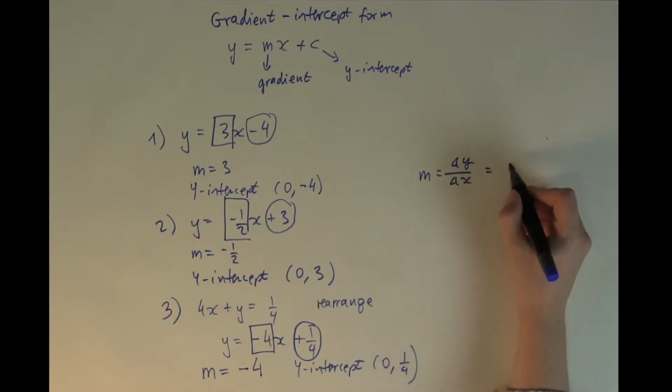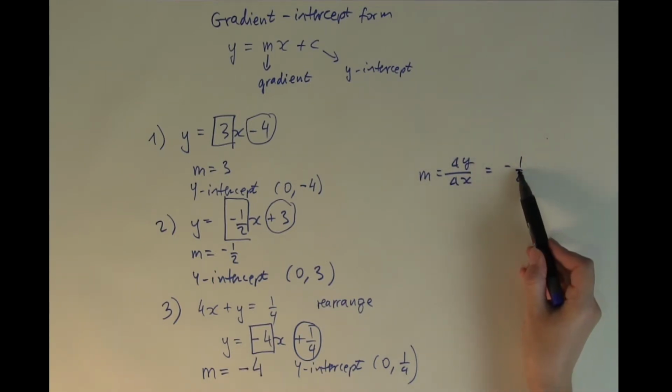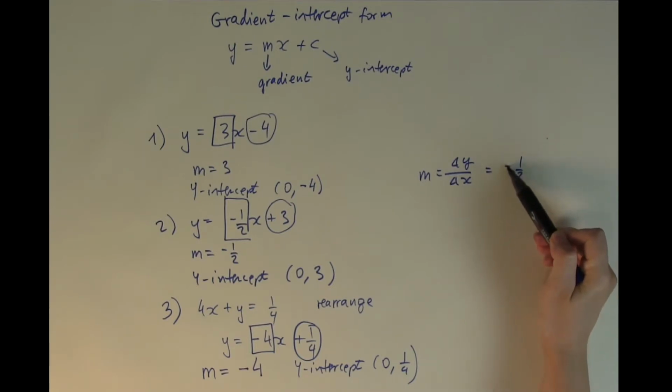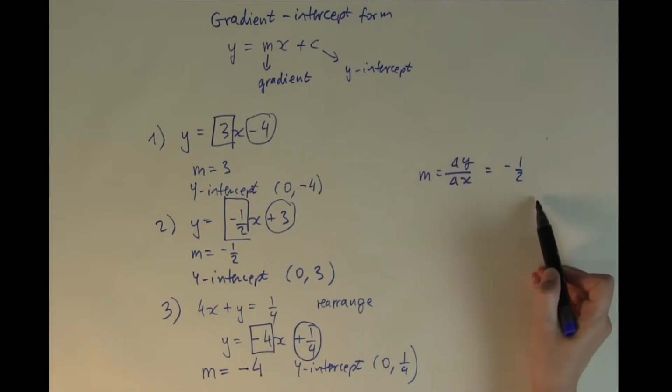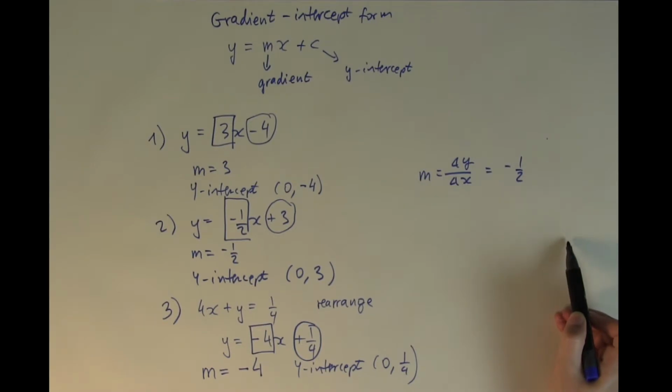If that's equal to -1/2, that means if I go 2 units in the x direction, I need to go 1 unit in the y direction, but in the opposite direction, because there is a negative in here. So if I go 2 steps in the x direction, I need to go down 1 in the y direction. Remember, one is positive, the other is negative. So 2 right, 1 down. That's a very, very slow changing graph.